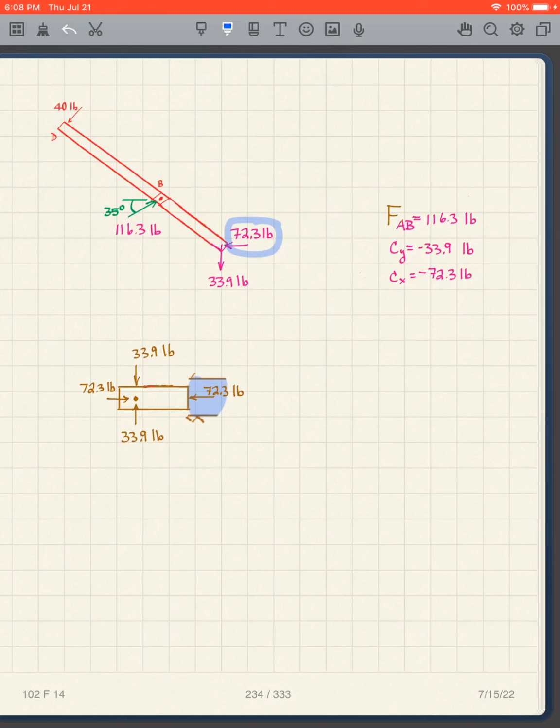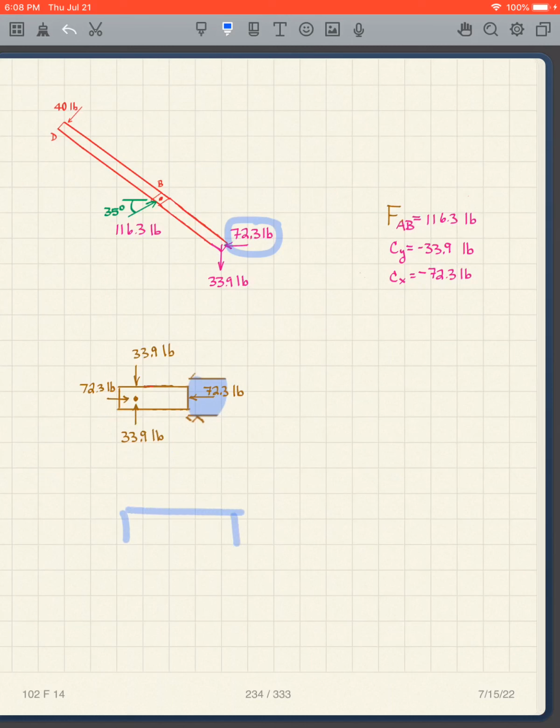And if it goes down there, it means what? It goes up there. So these are opposite.